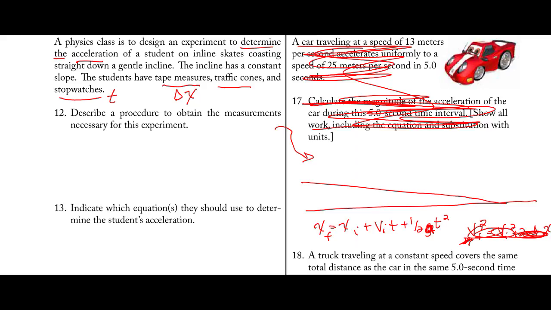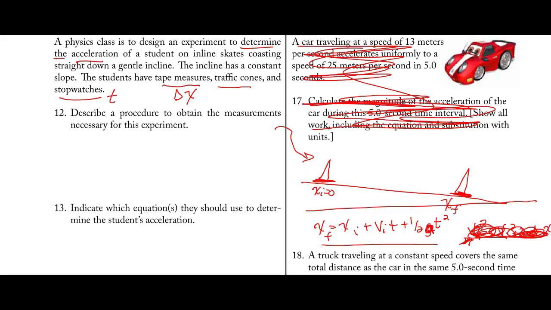So we eliminated the first one because it has time, but it does not have position, and we eliminated this one because it doesn't have time, but it has position, but we don't know final velocity. So this is the equation that we're going to have to use. So what we could do is take one of the cones and set it up, take the tape measure and measure another cone somewhere down here, and we can call this x initial equals 0, and we can measure how far we put it, and this would be x final here.